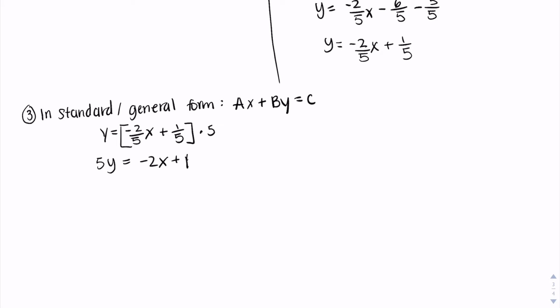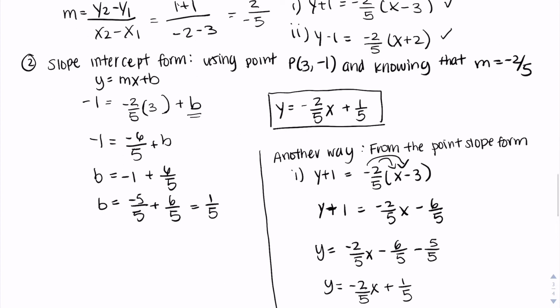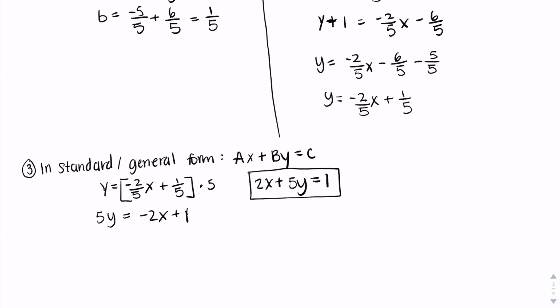And then you move everything to make it into standard form. So you put 2x plus 5y equals 1. So that is how you can change from the slope-intercept form to the general form.